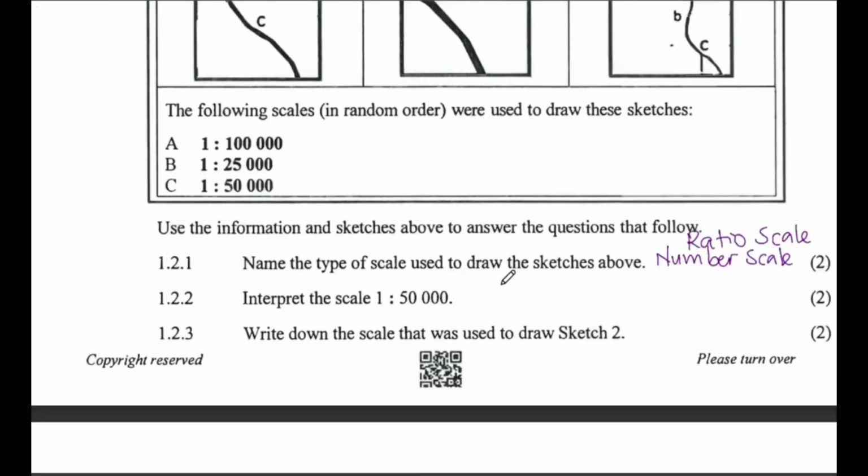They're telling us, interpret the scale 1:50,000. They want you to give the meaning.